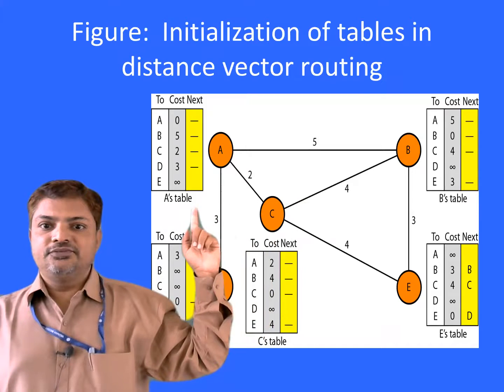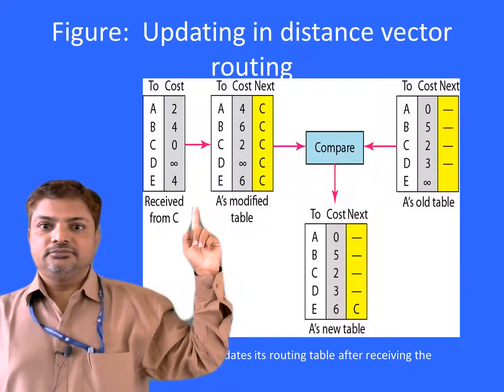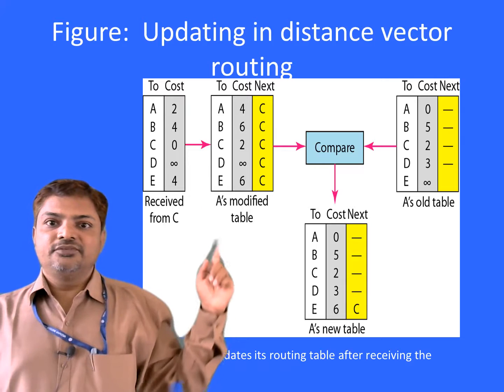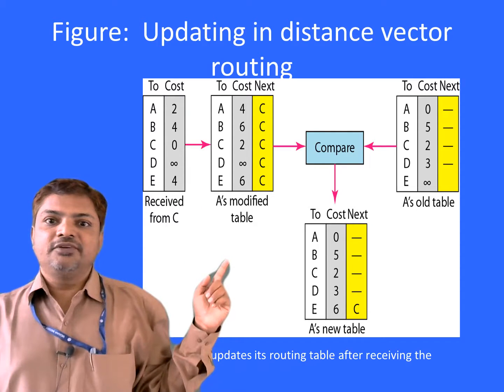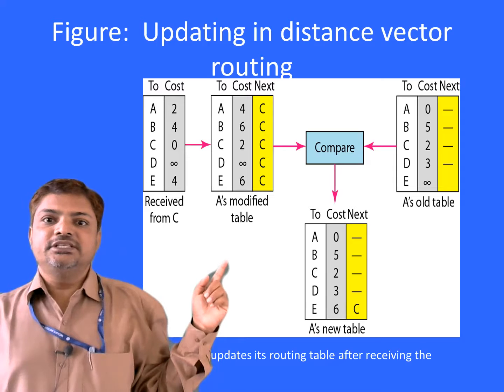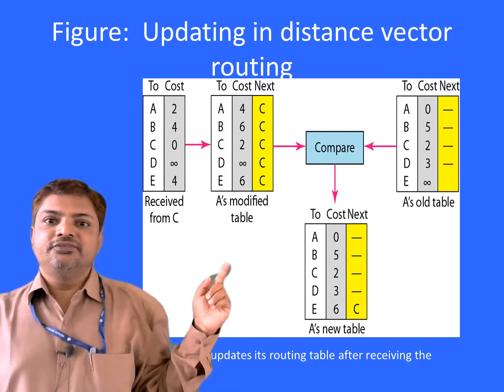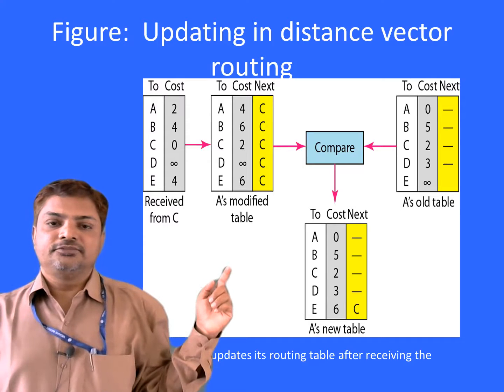So this 6 is filled here. A to B through C is 6. Similarly, from A to C through C is 2. From A to D through C is infinity. From A to E through C is 6.